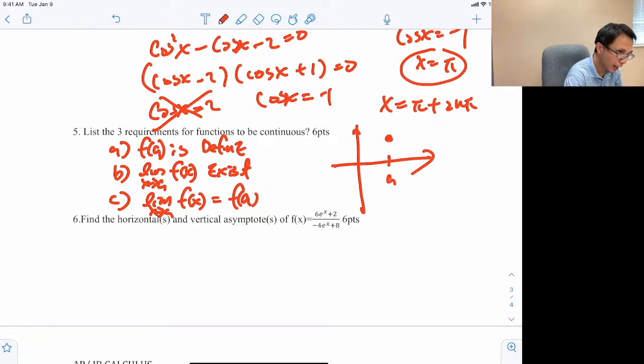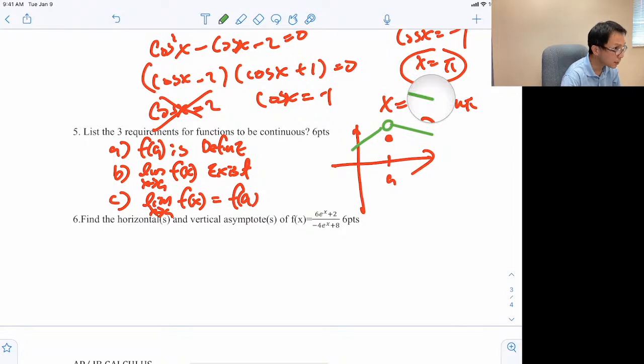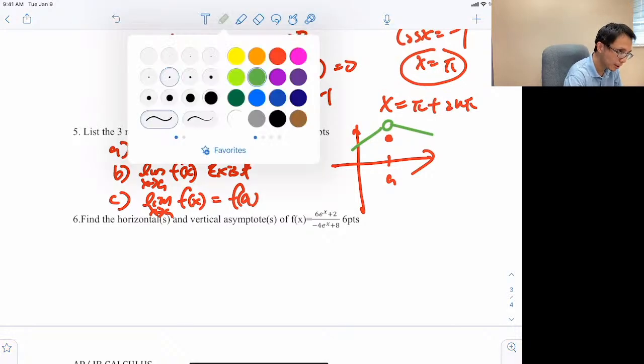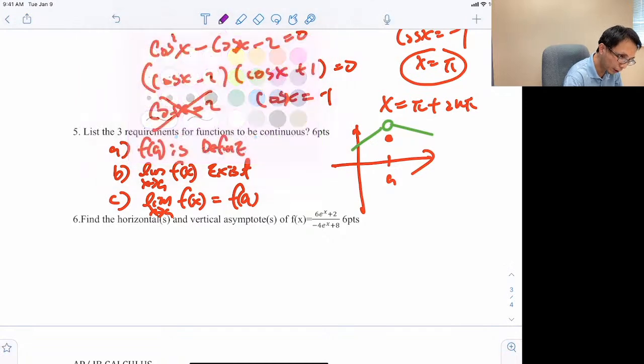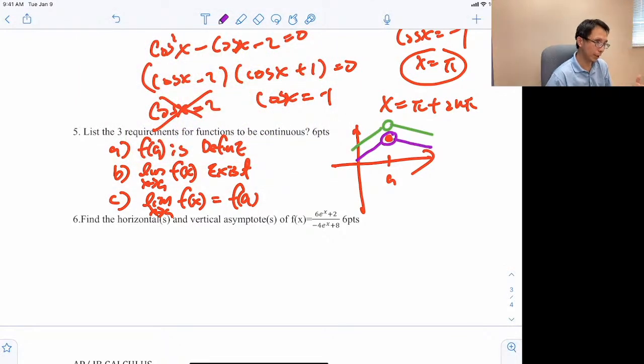Well, could I have it going like this? Like this? The limit still exists in this case? Yeah. But the problem is it's not continuous, so the limit has to be equal to the actual value. Exactly. So you have to lower this and say, okay, what if I create something like this? Now they are equal to each other.